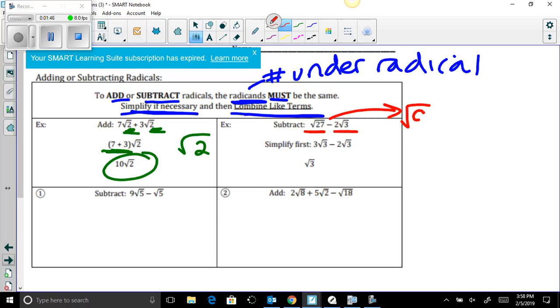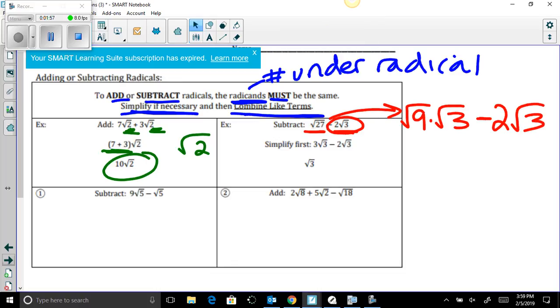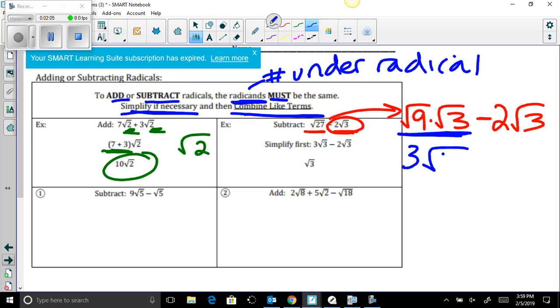And it is radical 9 and radical 3. Minus, can this be simplified at all? That radical cannot, so I'm just going to leave it. I'm going to keep simplifying here from that radical 27. So the square root of 9 is 3. The square root of 3, I don't know what it is, and I can't simplify it any further.